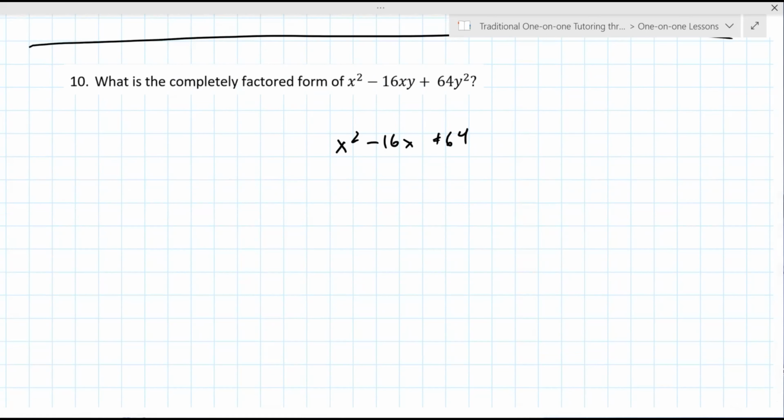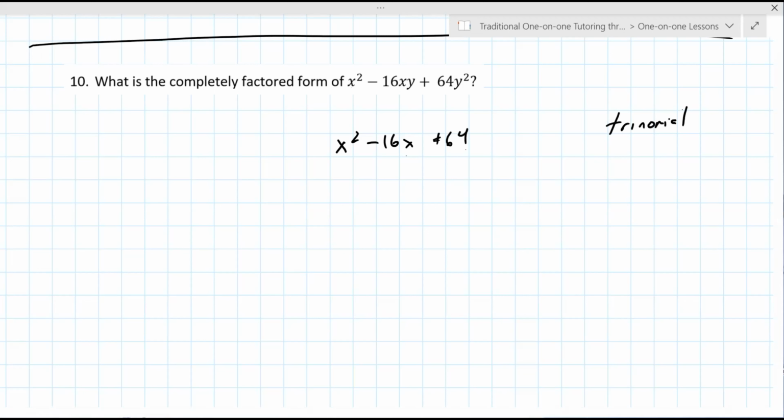I would factor out like the x, I guess. But x would have to be in all 3 of them. So this is a certain type of trinomial. This is like me asking you to identify what it is. And it's a tough thing to do. But anything stand out to you?